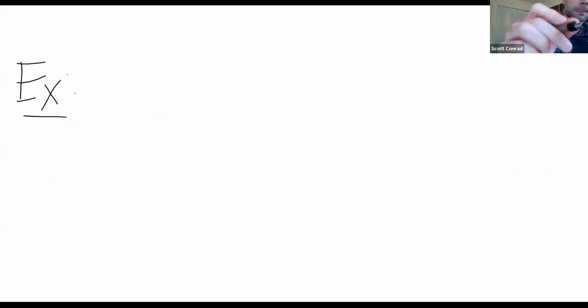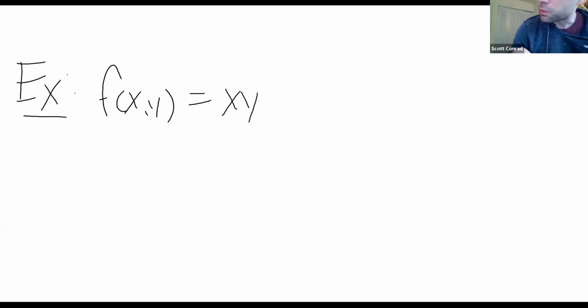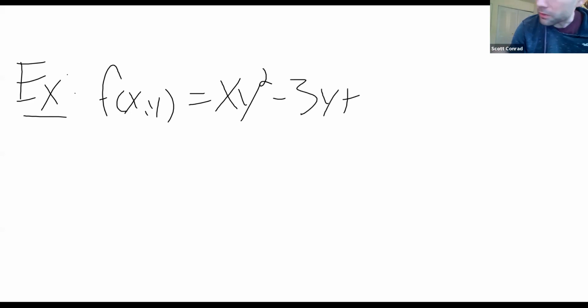So very quickly, let's calculate the second partials for the following function. So we have xy squared, minus 3y, plus x cubed y.